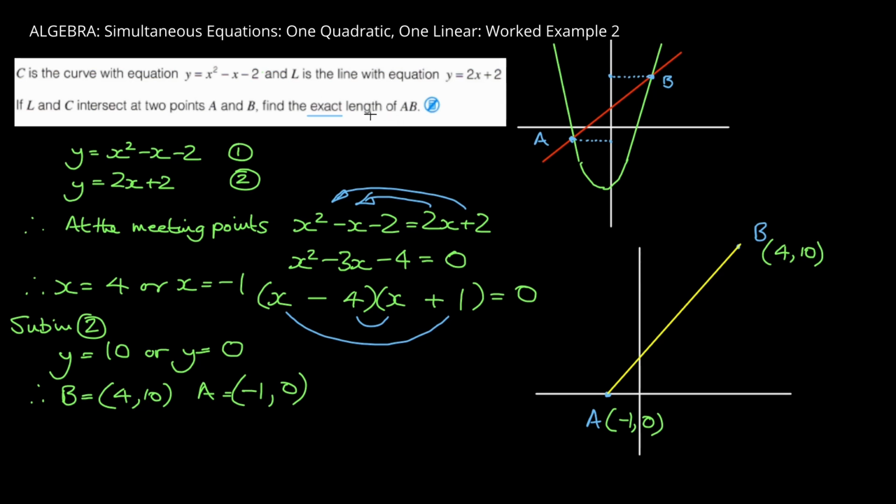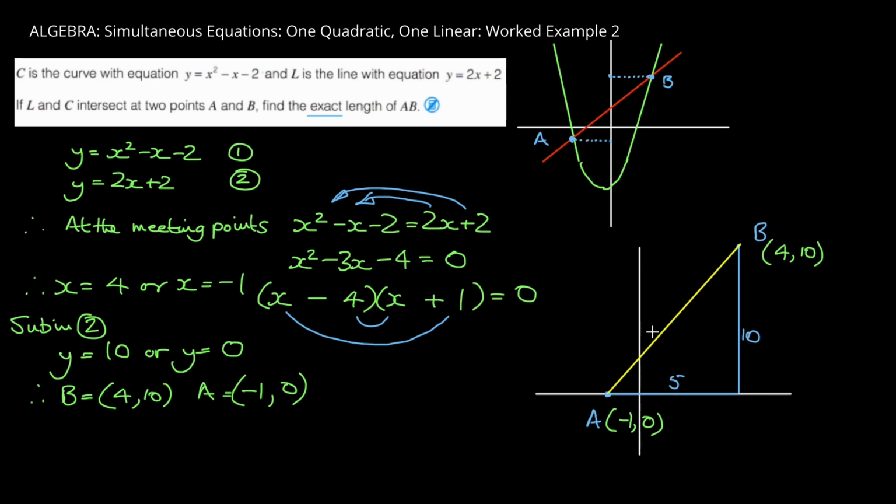Well, there's going to be a square root in the answer because we're dealing with Pythagoras here. So all I've got to do is complete the triangle and work out the lengths of the vertical side and this horizontal side. Looking at the bottom, we're climbing from negative 1 up to 4. This is a journey of 5. Going up from 0 to 10, this is a journey of 10.